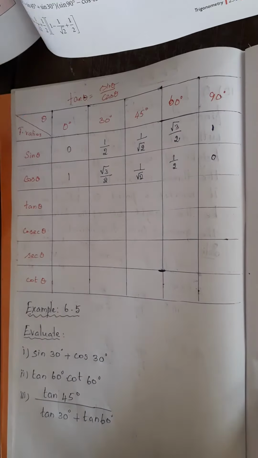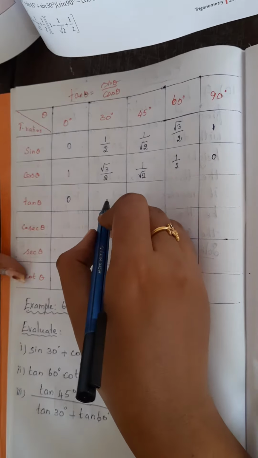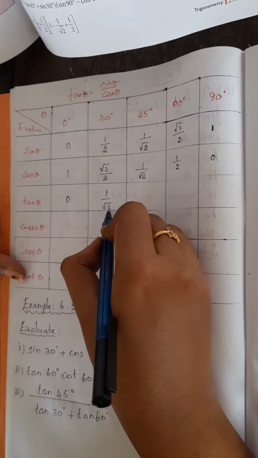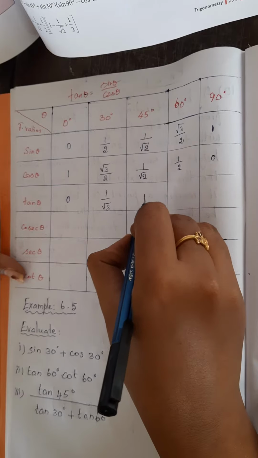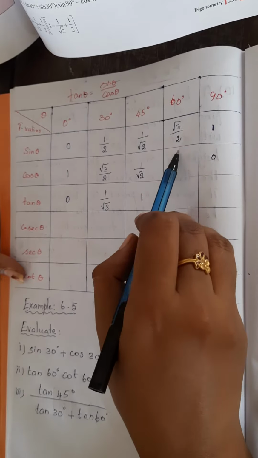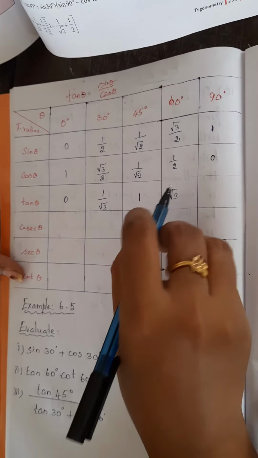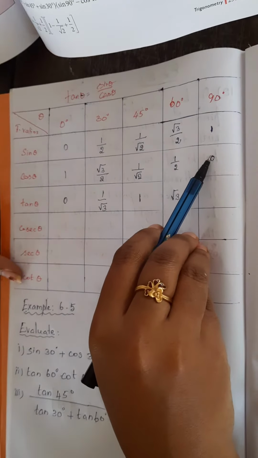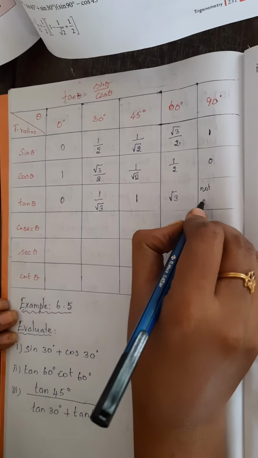Then 1 by 2 divided by root 3 by 2. When you cancel it, the denominator 2 will be cancelled. Your answer is 1 by root 3. Then when you divide the both, you will get the value as 1. When you divide the both, the answer is root 3. Then here 1 by 0. If the denominator is 0, that is not defined.